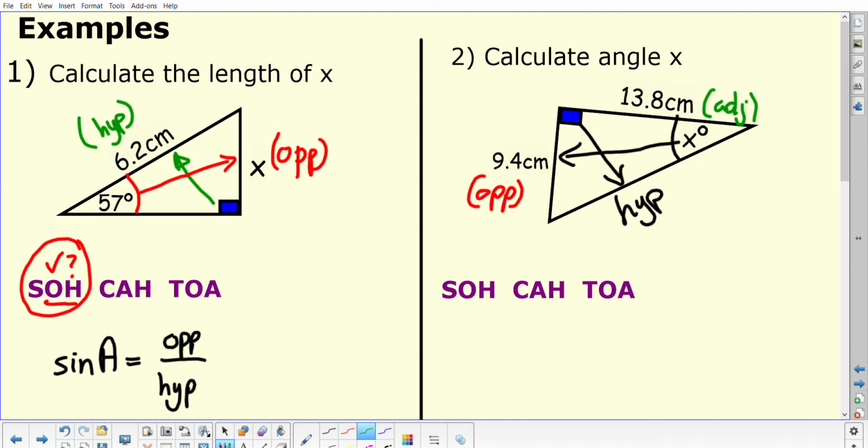So the two sides that I'm going to be working with are the adjacent and the opposite. So looking through your ratio, sine uses opposite and hypotenuse, cos uses adjacent and hypotenuse, and tan uses opposite and adjacent. So it's going to be this one here.